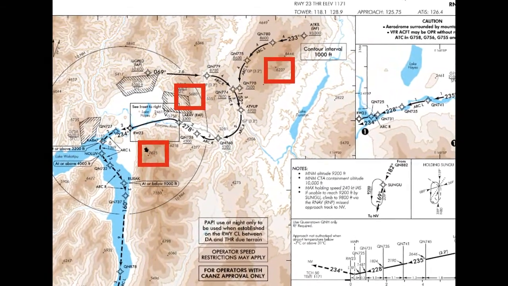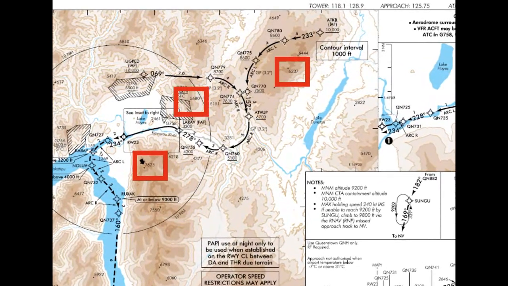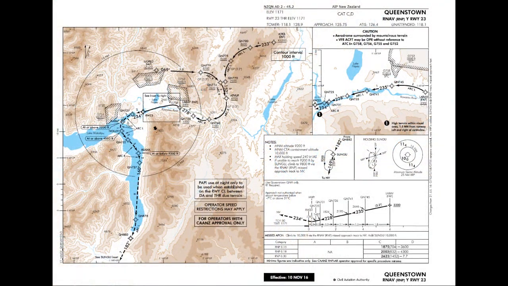So if you would fly this like a normal approach at flaps 5, speed 180, and then slow down towards the end, this is not going to work, because the approach path is so steep that at the end you're not going to be able to bleed off that speed unless you level off, and then you miss the runway. So what you need to do is slow down a bit early.